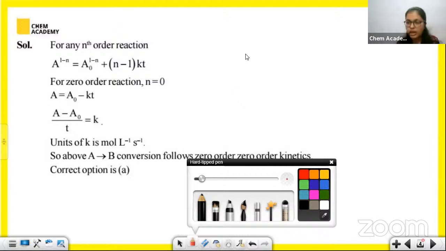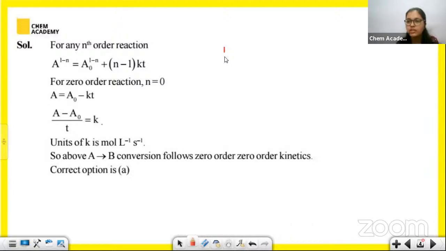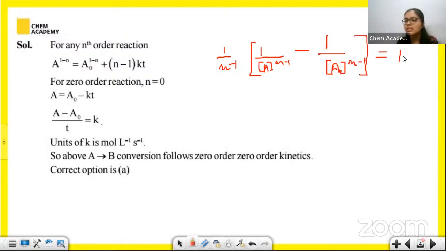I will tell you how you must have written this equation. 1 upon n minus 1 into 1 upon concentration of A raised to the power n minus 1 minus 1 upon concentration of A naught raised to the power n minus 1 equals KT. Now this is the integrated rate equation for nth order.